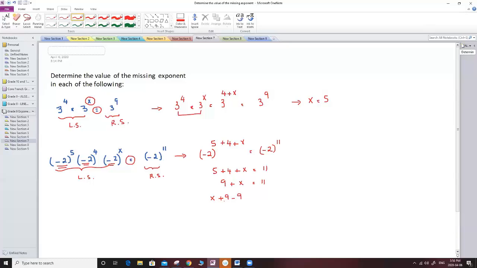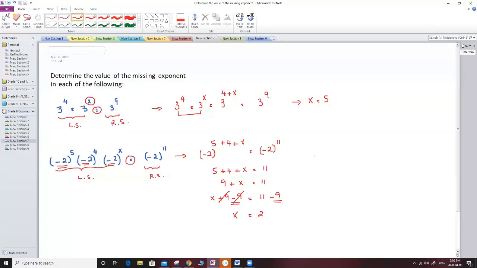So x plus 9, I will add negative 9 to both sides to be able to isolate x. So the positive x cancels the negative x, the positive 9 cancels the negative 9. I will stay with x equals 2. So my answer is going to be 2.